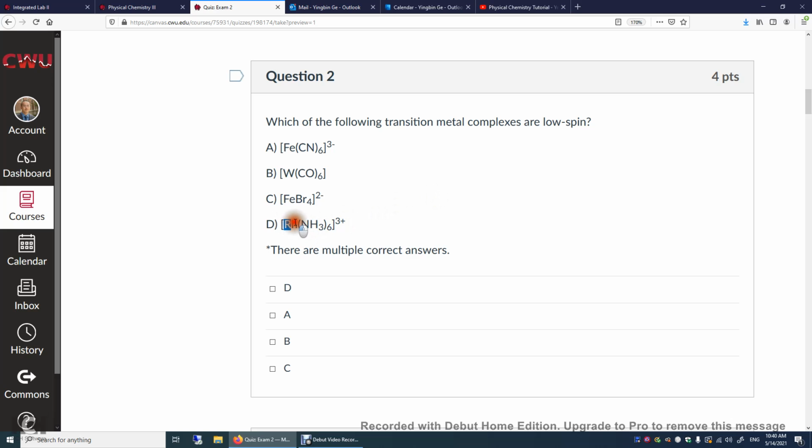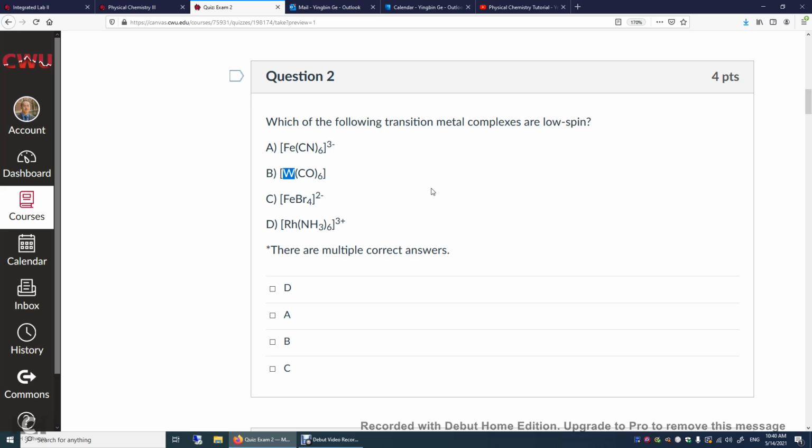The 4D and 5D transition metal complexes are always low spin for two reasons. One, 4D and 5D orbitals overlap with the ligands better than 3D transition metals, because 4D and 5D are more diffuse. Reason 2, 4D and 5D electrons feel less repulsion from each other than the electrons in the 3D orbitals.